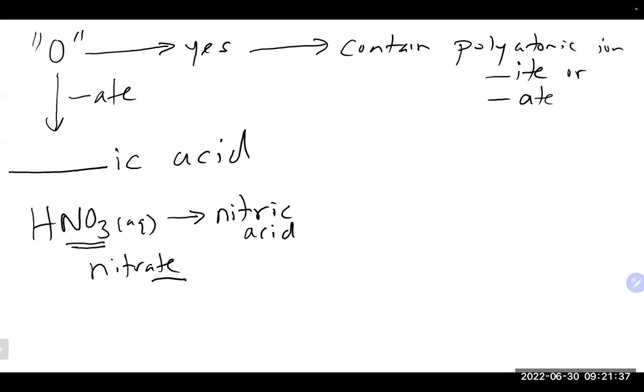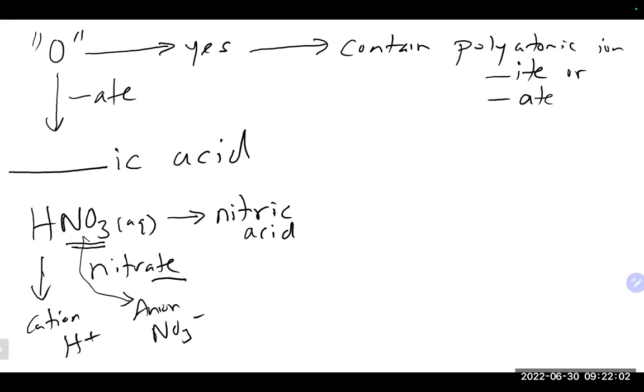There is no hydro here in this type of naming when we have oxygen involved, so just nitric acid. The cation here would be our H+. The anion here would be our NO3-. So once again, +1 -1, which is why the formula looks like that.